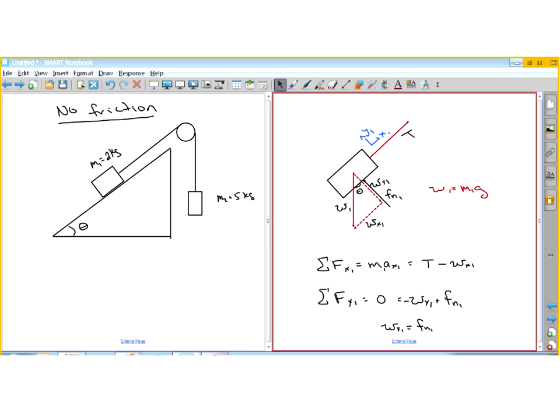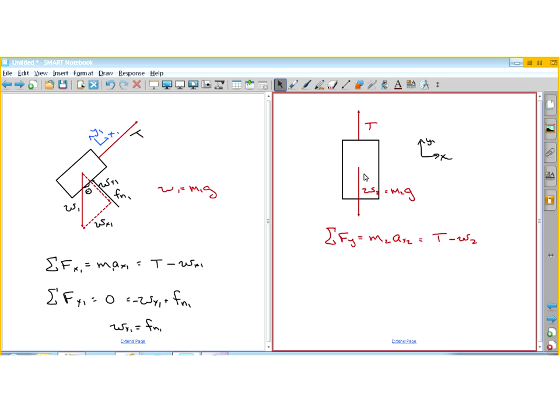So we sum the forces in the x direction. We have positive tension, because these 2 arrows are pointing in the same direction. This is in the negative x direction. So we get the sum of the forces equals the mass times the acceleration. And we do a free body diagram of the hanging mass. You have tension pulling up and the weight pulling down.